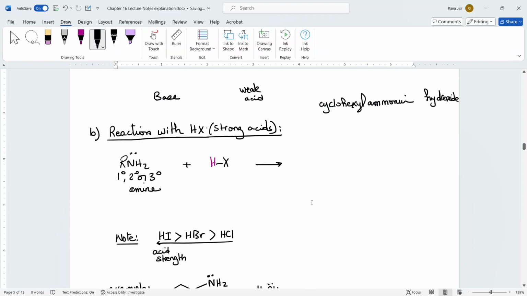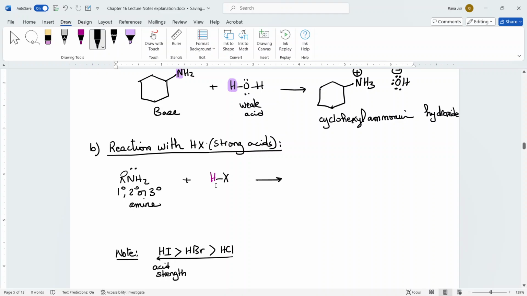Now when the acid is stronger, as we said, the acid is stronger when the hydrogen is connected to a more electronegative element. So here, the hydrogen was connected to the oxygen.